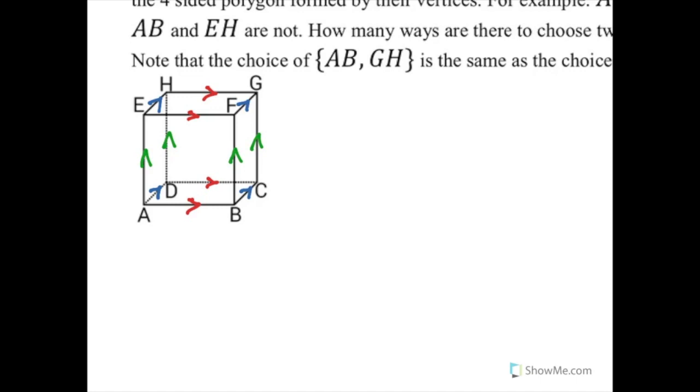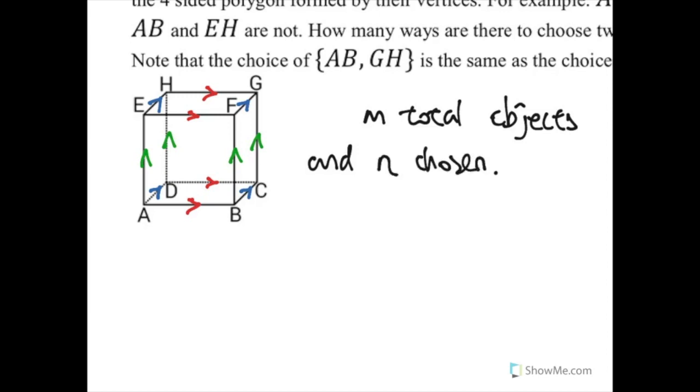So essentially, if you have m total objects, and we need to choose n of those, then we write m, capital C, n, like so, or some people write it as here.